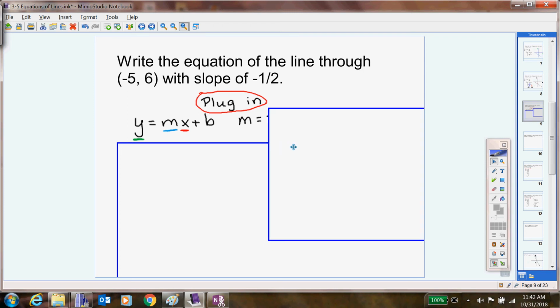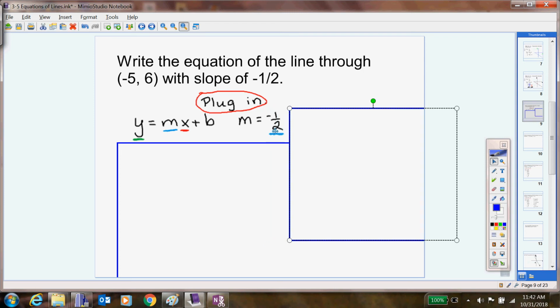Negative half. Negative half is our slope, the whole thing. And then when we plug it in, we'll plug in m here. Now, the other thing is that we have an x and we have a y that we can plug in in order to find our b.